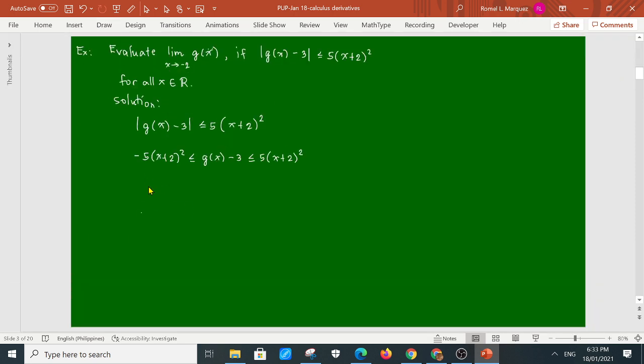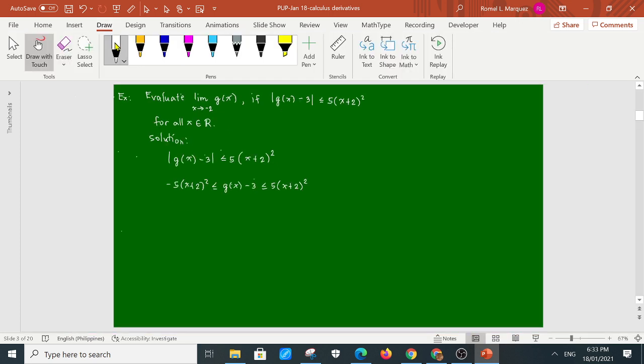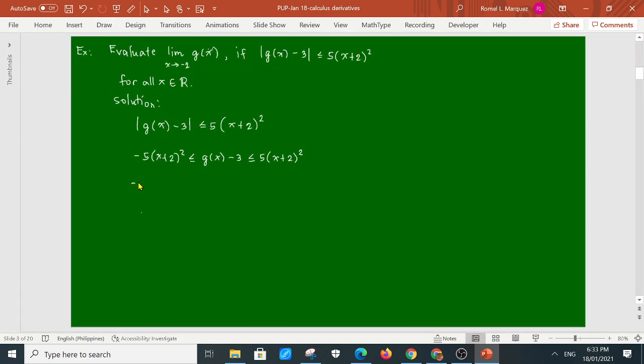So we have, anong i-add natin sa bawat part? 3, no? Negative 5 times x plus 2 quantity squared plus 3. Kung plus 3 to, magiging g of x na lang. Kung plus 3 to, we have 5 times x plus 2 quantity squared plus 3, no?